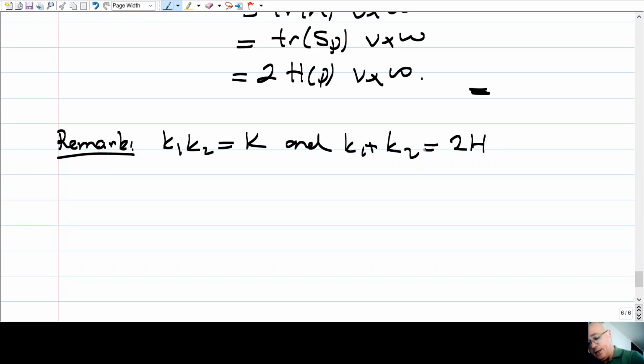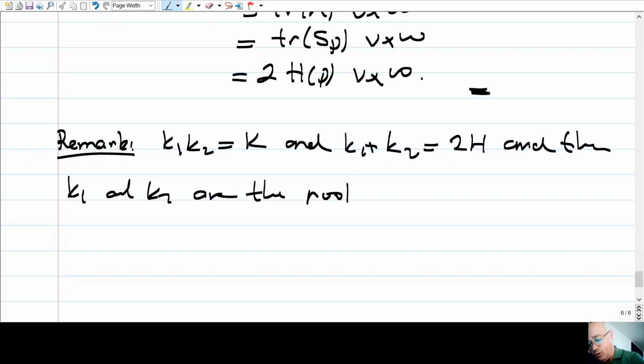Therefore, k1 and k2 are the roots of the quadratic equation lambda squared minus 2H lambda plus K.